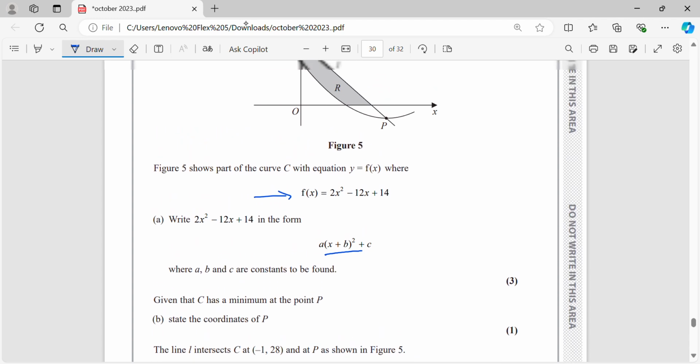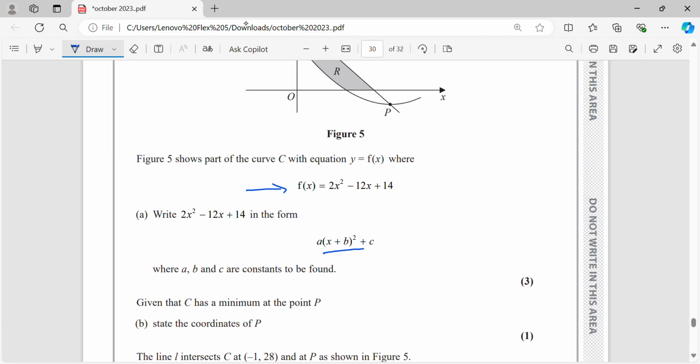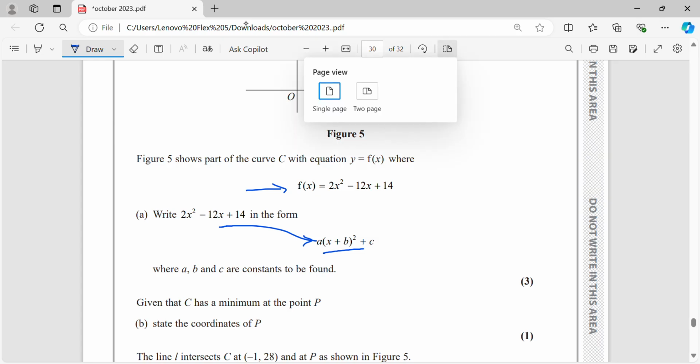So basically this function, I will convert into a completing square form. And completing square has its rule to do it. So let's get started. Let's write down the function first.